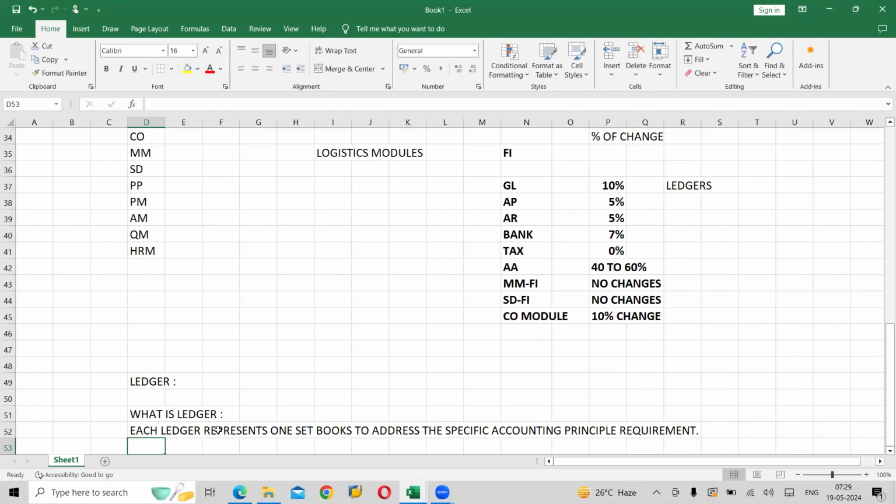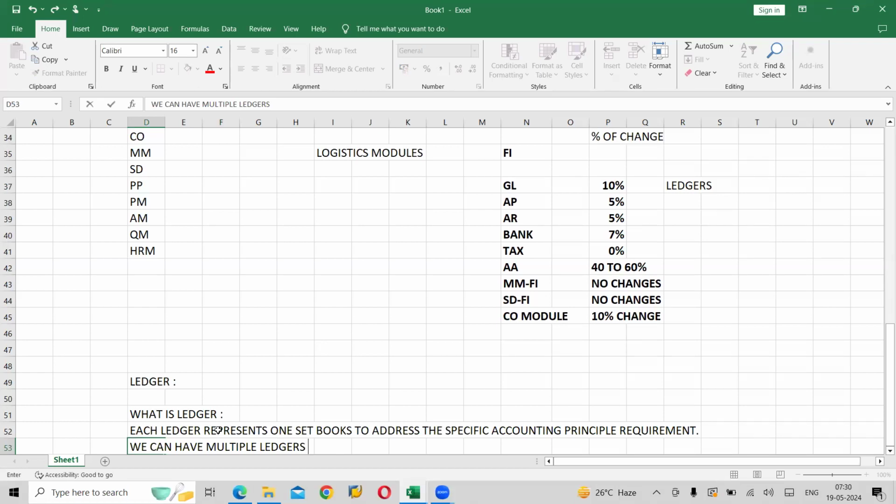As I said, the same thing. One set of books. We can have multiple ledgers. As we know that in ECC, how many ledgers can we have?